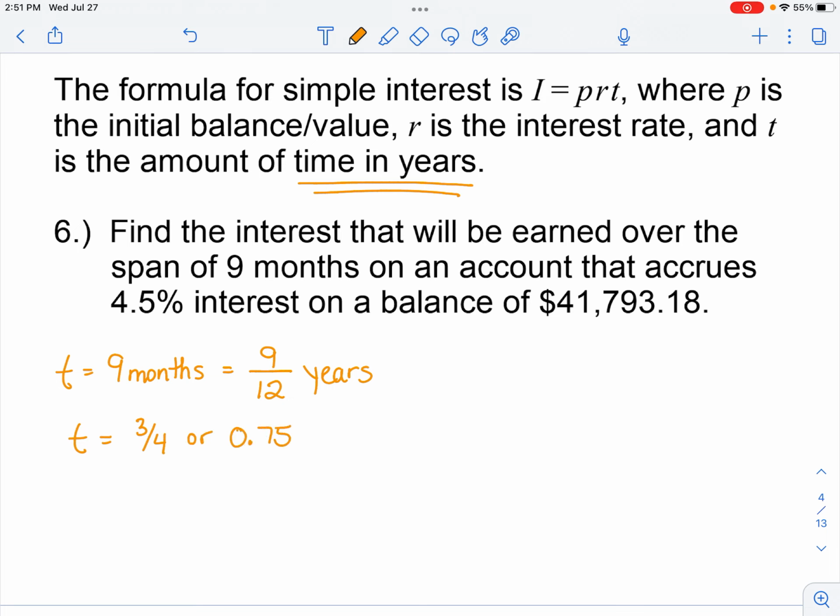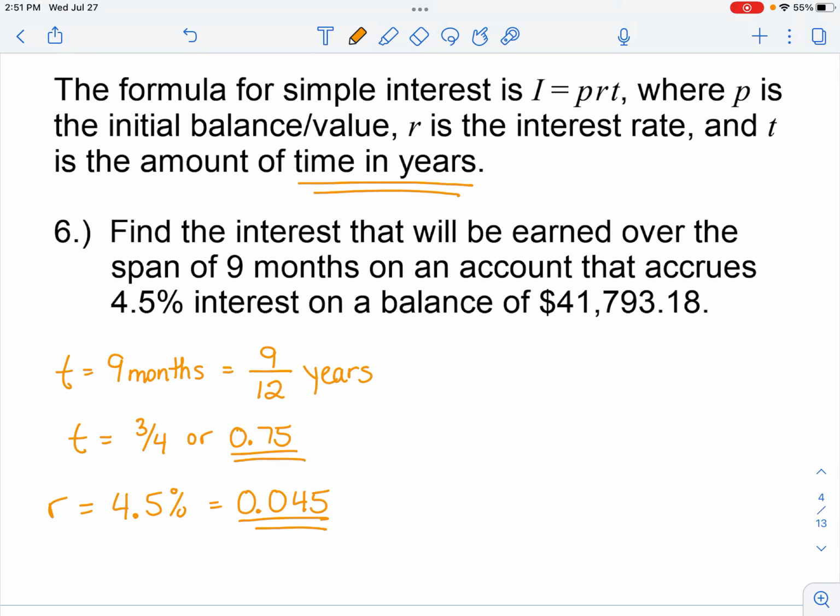All right. We've got an interest rate of 4.5%. So on an account that accrues 4.5%. I need that as a decimal, though. That's 0.045. So this is the R value we're going to use. This is the T value we're going to use.